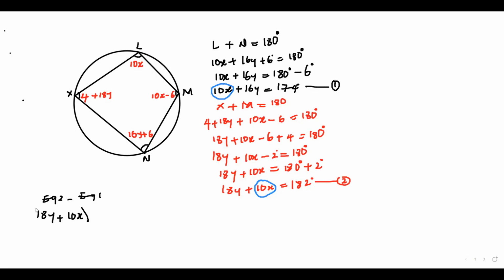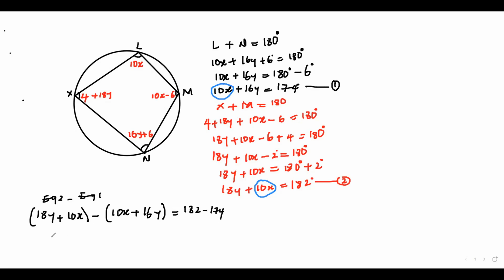Let's put this in brackets. We're subtracting the first equation from this second equation. So this is 10x plus 16y. We close the bracket. And at the other side of the equation, we have 182 minus 174.